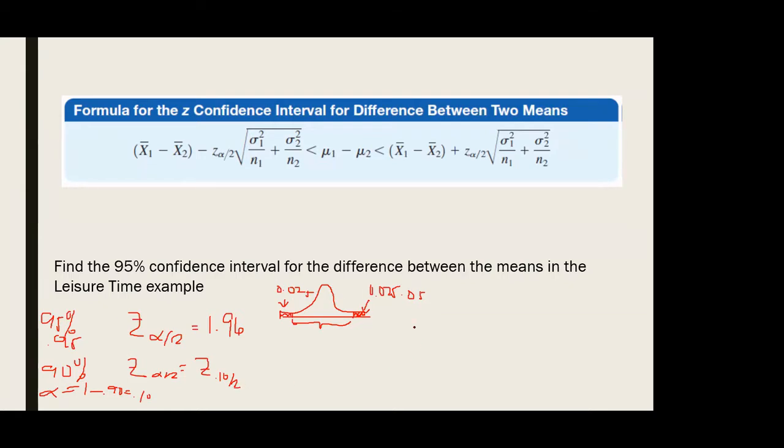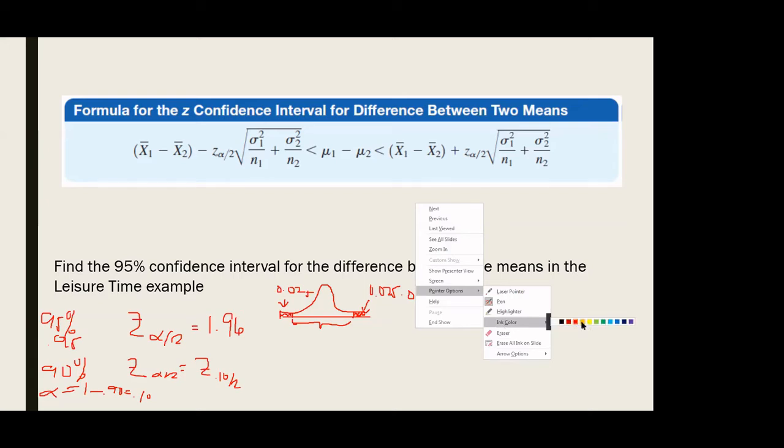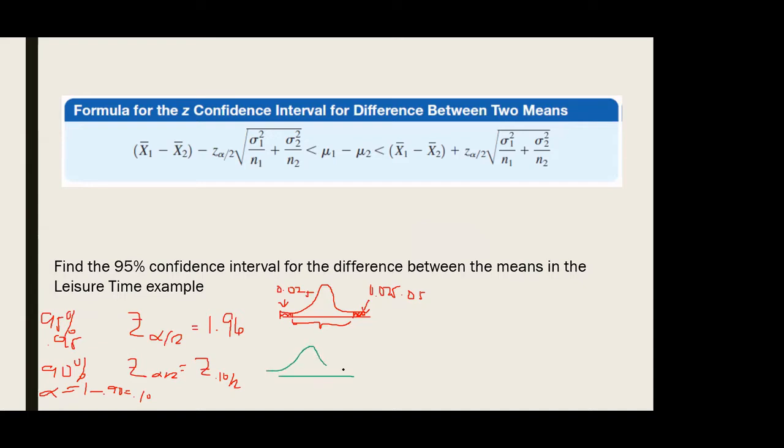Just like what we did here, we just need to find the value such that the area of this plus the area of this is 0.10. So who can tell me now what is the value for z sub 0.10 divided by 2, or alpha divided by 2?